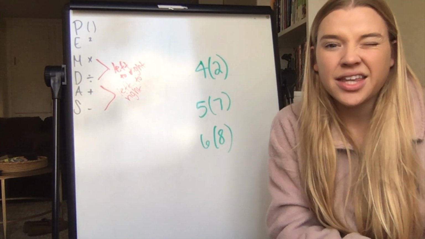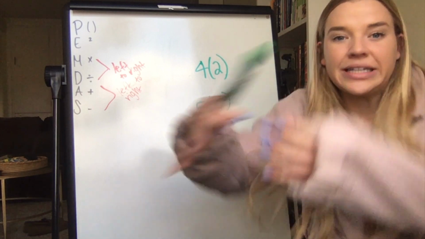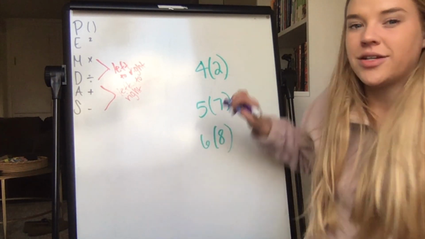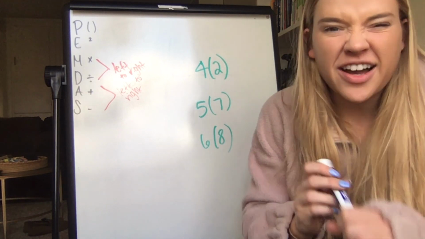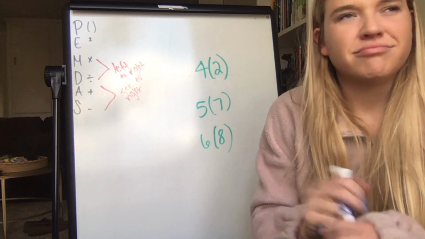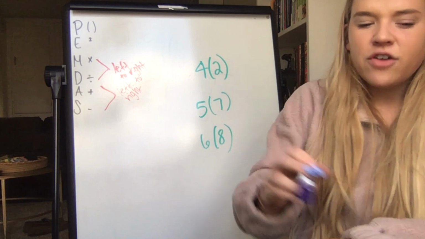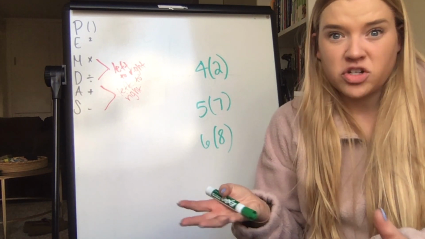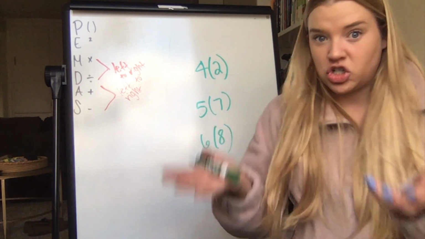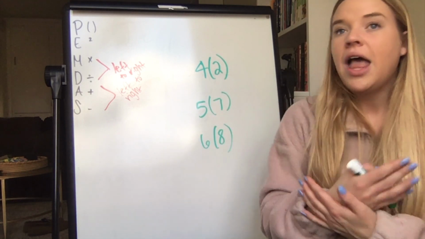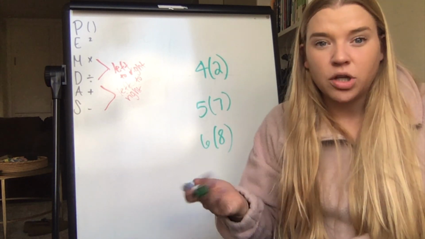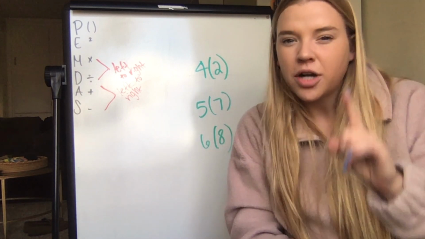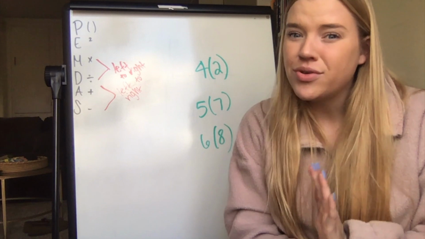Okay, last thing that I want to go over before I release you to practice these on your own is just a reminder of what operation this symbolizes. Whenever I have a number and a parenthesis next to each other and I have no operational symbol there, so I don't have an addition symbol, I don't have a subtraction symbol, I don't have a multiplication or division symbol, the invisible symbol that's there, if you don't know what operation it is, it's almost always going to be multiplication.